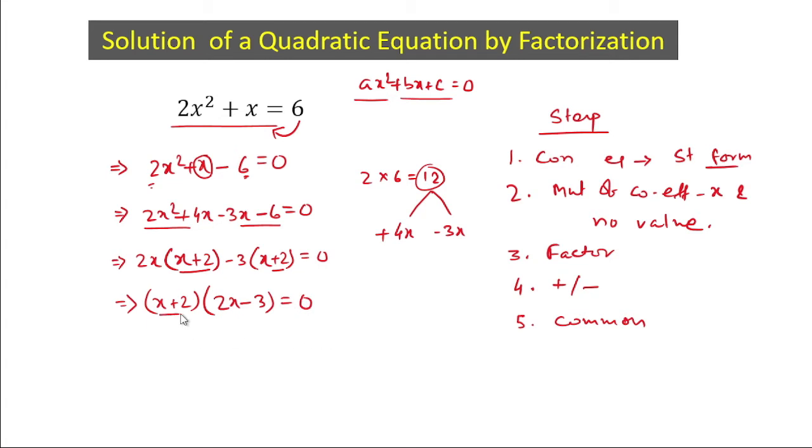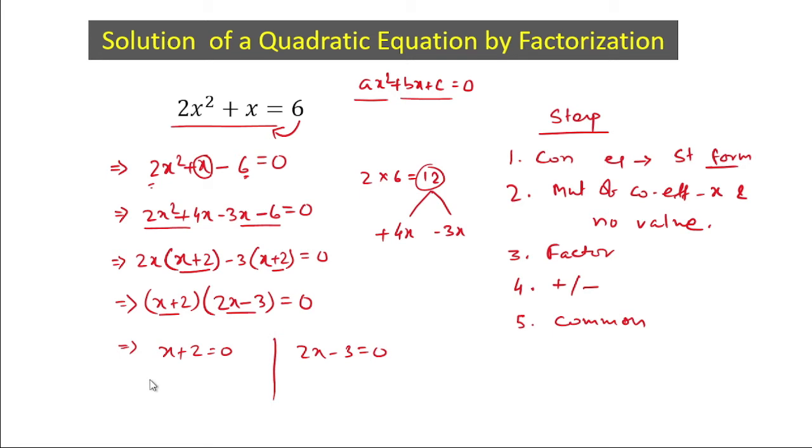Now, if the multiplication of two values is 0, then either the first one will be 0 or the second one will be 0 or both of them will be 0. So we can write x plus 2 is equal to 0 or 2x minus 3 is equal to 0.